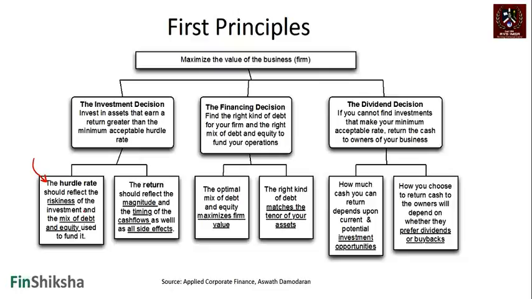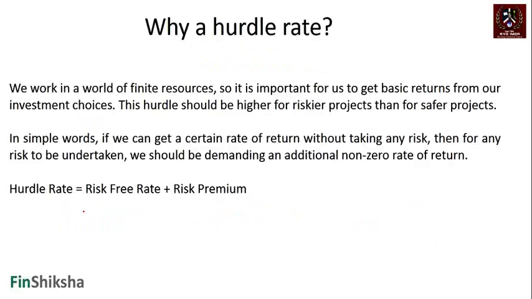That's broadly what is going to get covered in this video. We will start with understanding what risk is and then build on that as we go along. So the first question that would come to our mind is why do we need a hurdle rate?